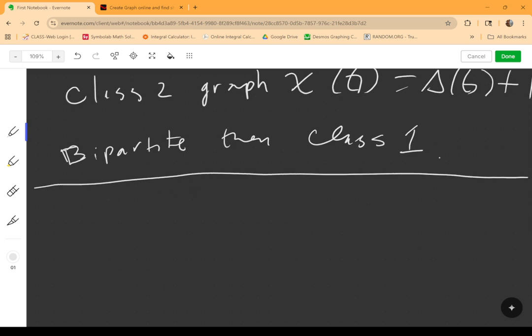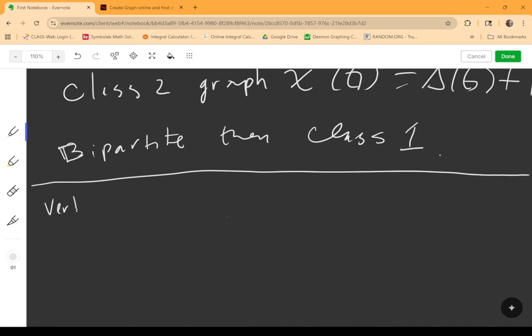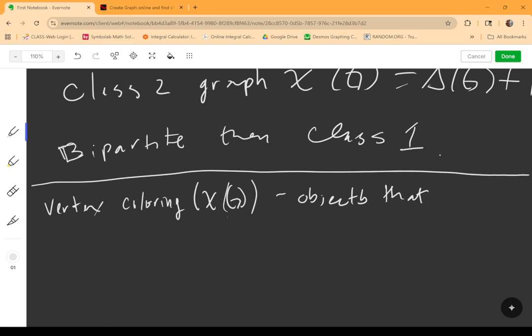A rule of thumb: use a vertex coloring, the chromatic number chi of G, when we think of objects that conflict or cannot share a resource, such as classes and time slots.